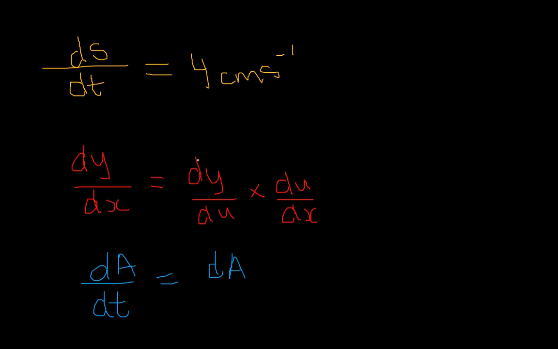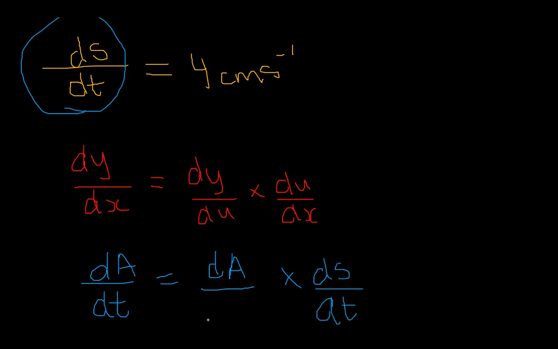I see dy here, I put dy here, right? See dA, I put dA. On du, but what exactly should I put in this case? Hold on. Du on dt. What exactly can I put here? Well, that's where this comes in. My du on dx would actually be the ds on dt.